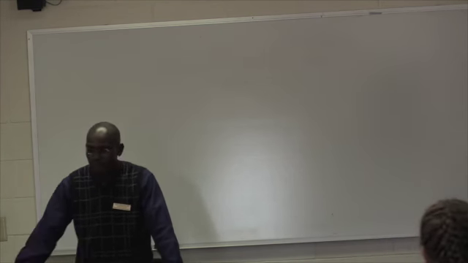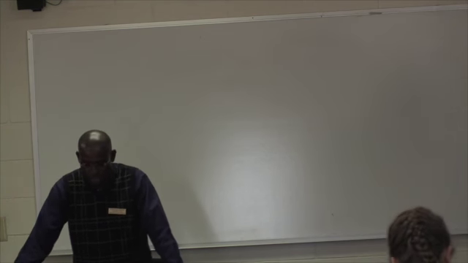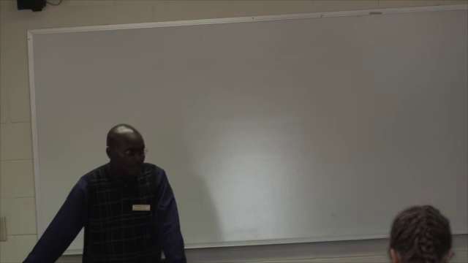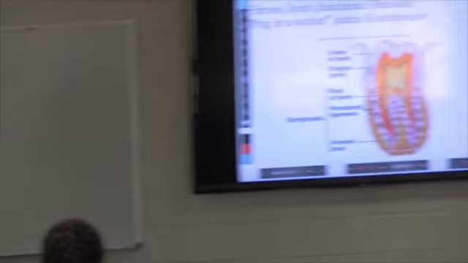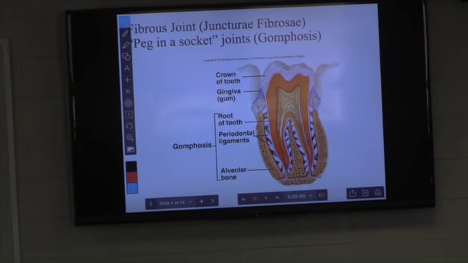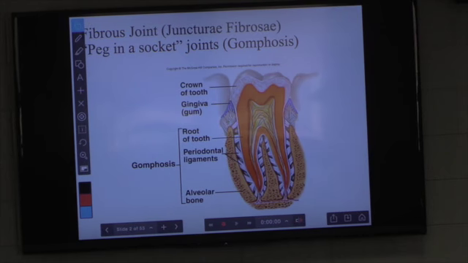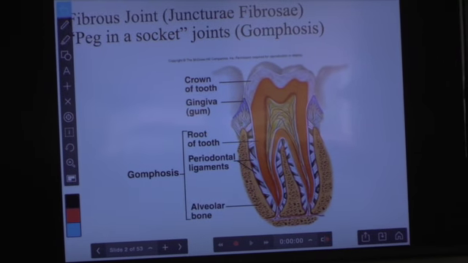The second type of fibrous joint would be peg in the socket, but you also need to know the name, gomphosis. This is mainly found in teeth. Is it movable or immovable? Very slightly movable.